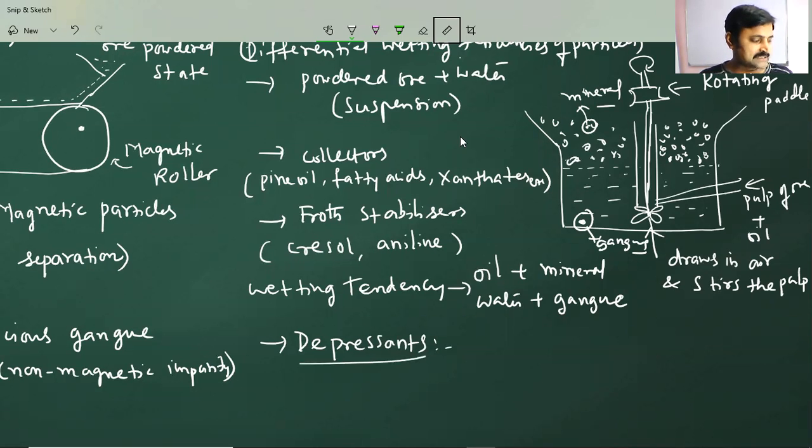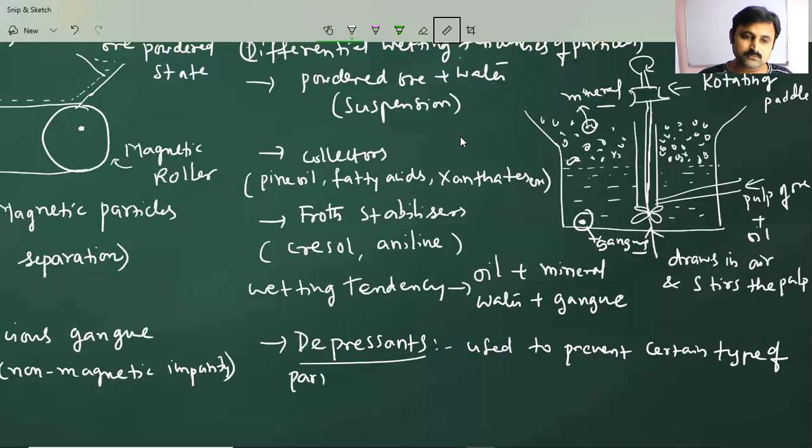They are used to prevent certain types of particles from forming froth with air bubbles. So depressants are another important material employed in froth flotation.